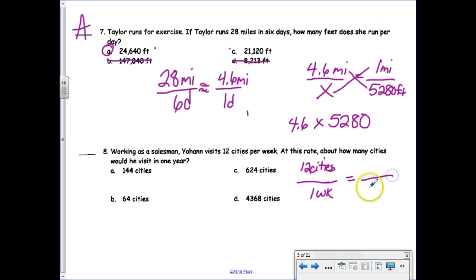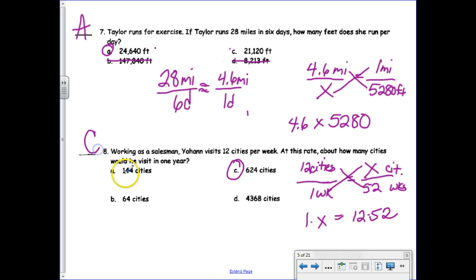Well, 1 year is how many weeks? Because I've got to do cities and weeks, so I've got to have weeks down here. This is going to turn into 52 weeks. 1 year's 52 weeks. Basically, 1 times x equals 12 times 52. And crank that out and solve. And you should end up with C, 624.